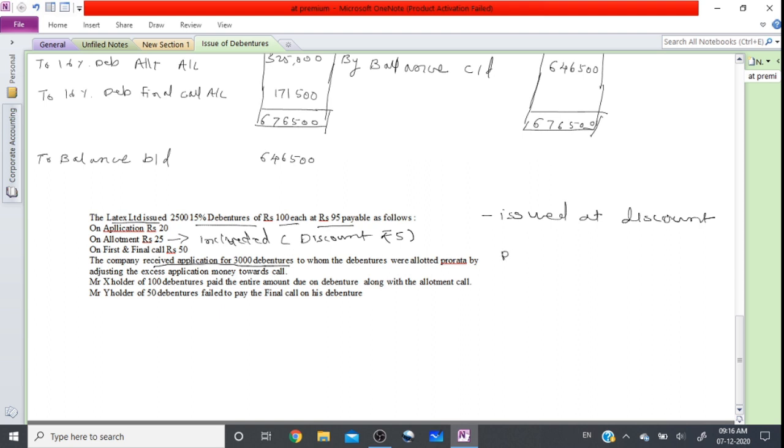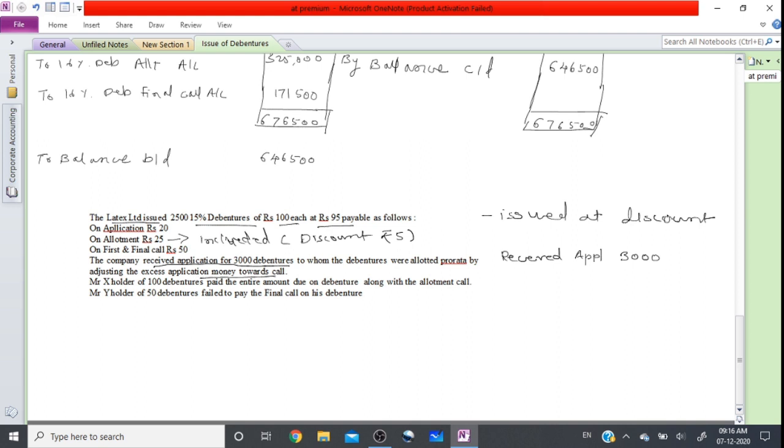Company received the application for 3,000 debentures. Okay, to whom the debentures were allotted pro rata by adjusting the excess application money towards allotment call.